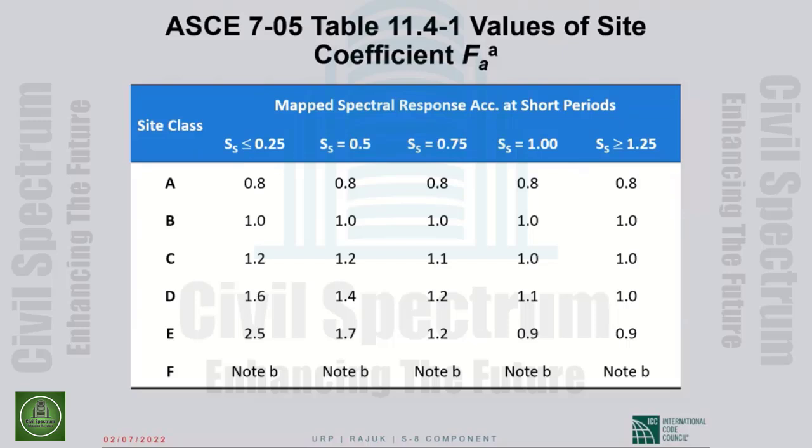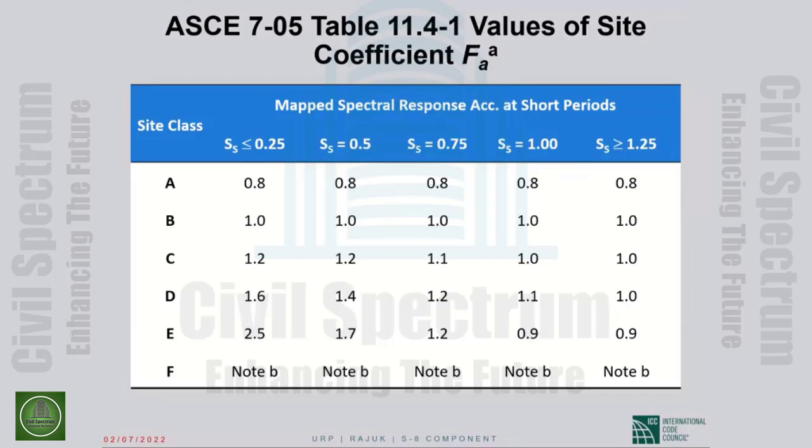F sub A would apply to the short period spectral acceleration. And F sub B is the other site coefficient. Sub B means velocity related. That is the long period site coefficient that will apply to the long period ground motion S sub 1.